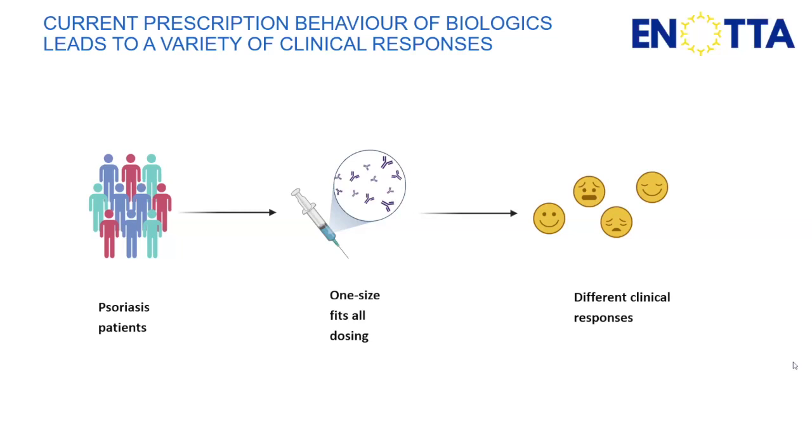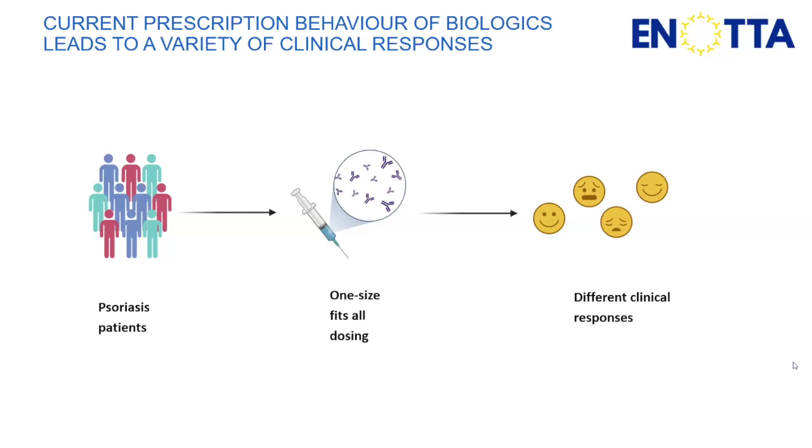On the one side, we have the excellent responders who are lesion-free for a long time. In this subset of patients, we might think maybe they are overexposed and maybe they can have less treatment with equal response. And on the other side, we have the suboptimal responders.